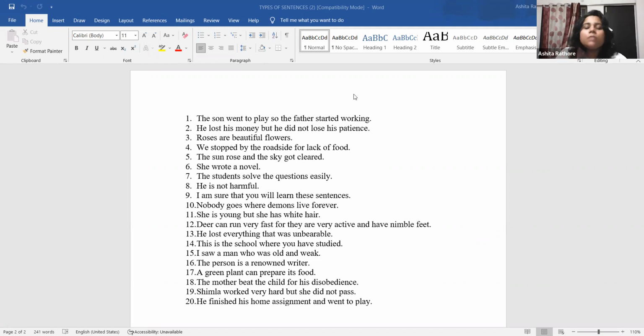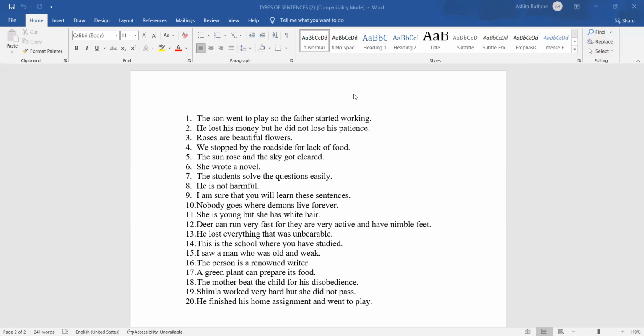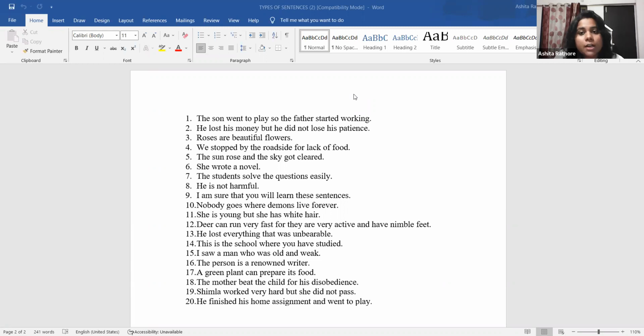So there are two sentences here. Deer can run very fast. ठीक? अब थोड़ी देर के लिए for को हटा दो. Look at, they are very active and have nimble feet. Ma'am, it's compound. Is this an independent clause or a dependent clause?